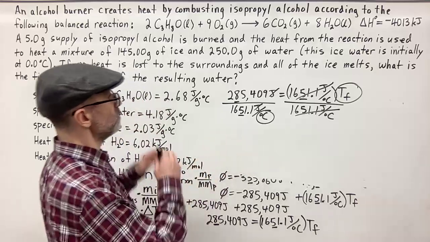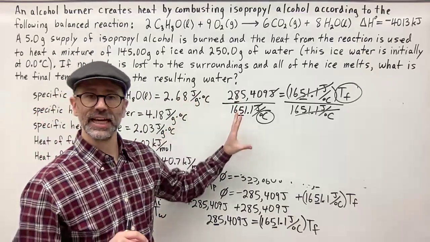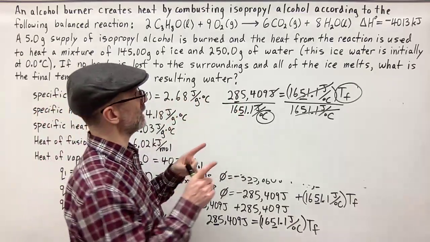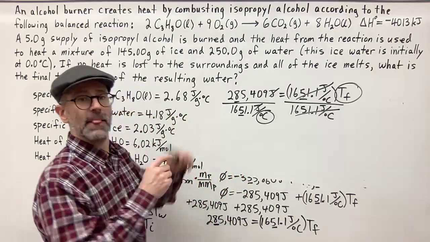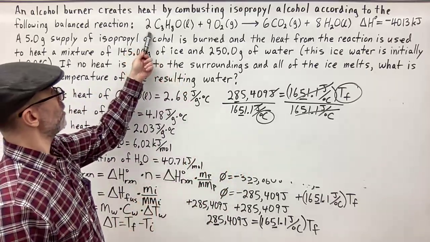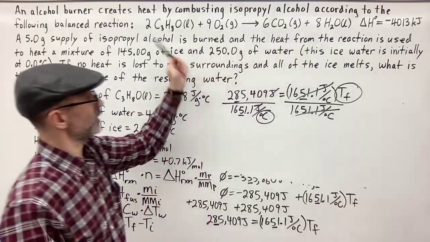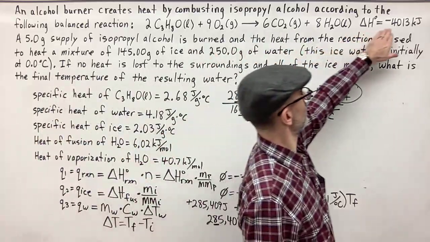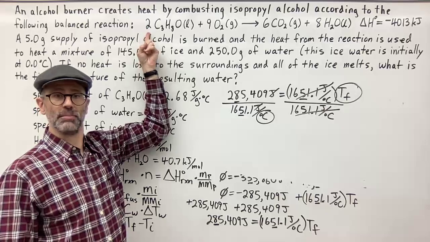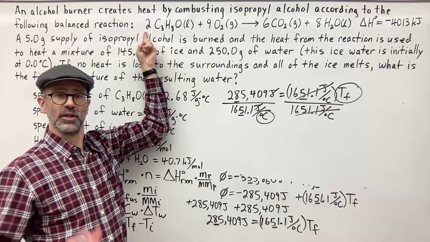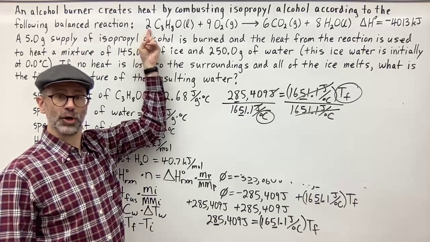Now, everything worked out the same. Here's the mistake that I made. And of course, easy mistake to make, so don't make this mistake. Look here. This equation, this is the heat of this reaction for this particular equation. Notice how many moles of the isopropyl alcohol I'm burning.